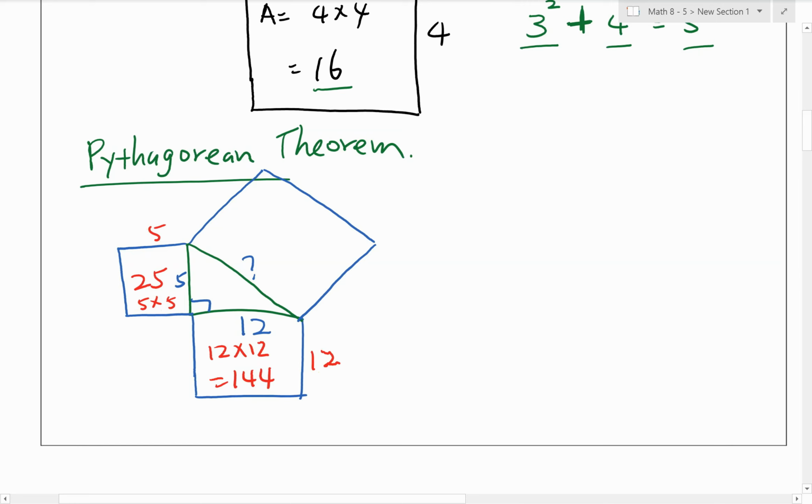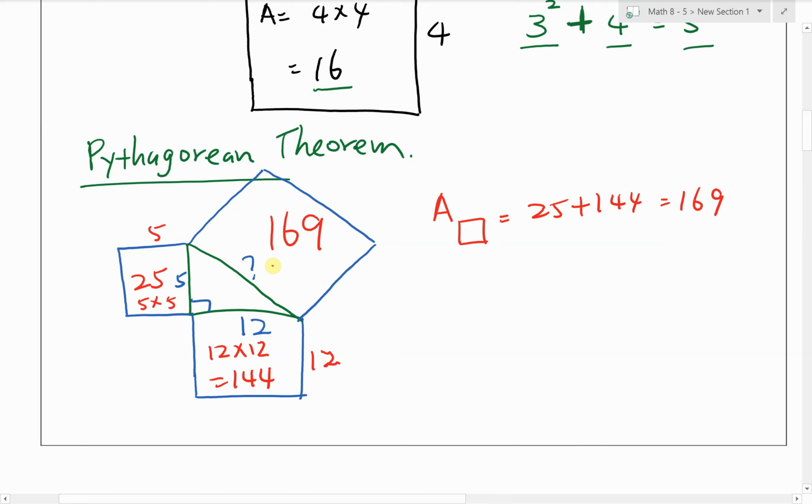So given that's the case, we know the area of this third square, the square made from the hypotenuse side, the largest square, is going to be 25 plus 144. This is 169. So we know this area will be 169.